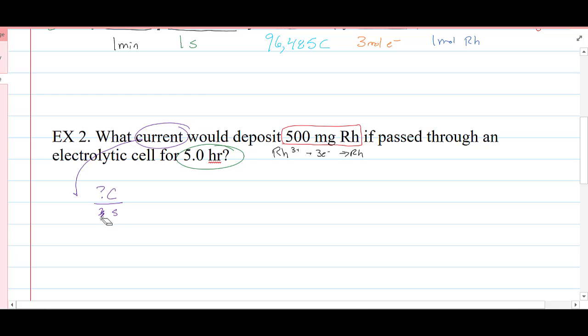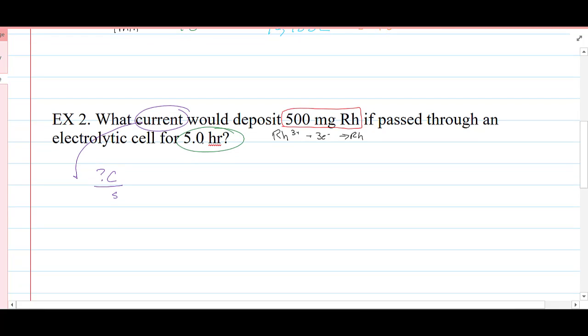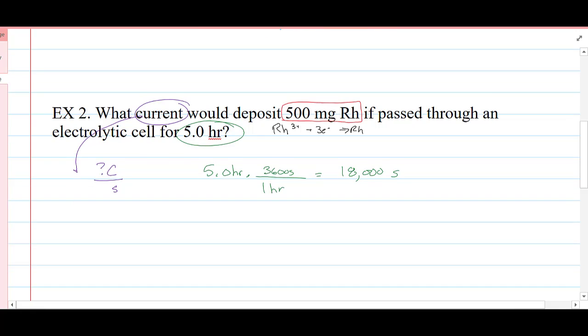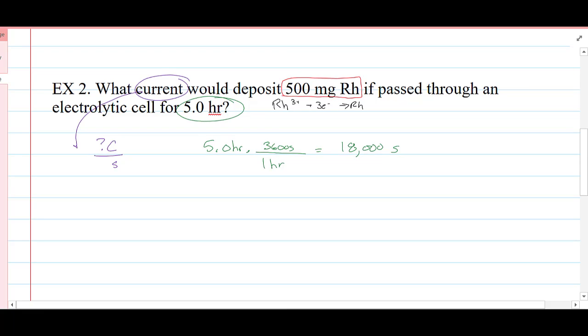I know the hours, 5.0 hours, and in 1 hour there are 3,600 seconds, so that's 18,000 seconds. Now we have 500 milligrams of rhodium.